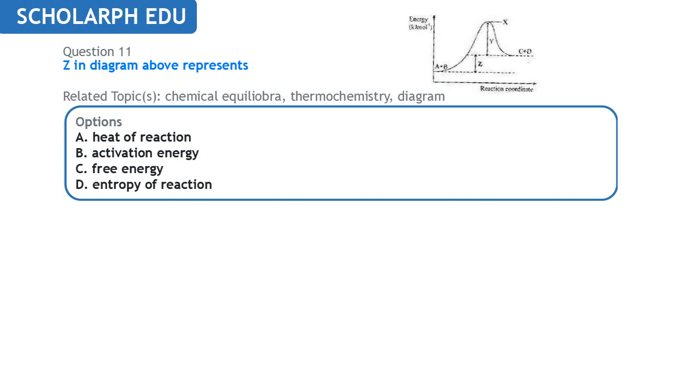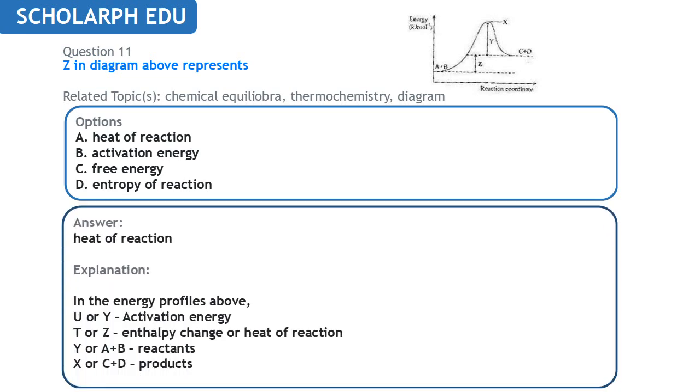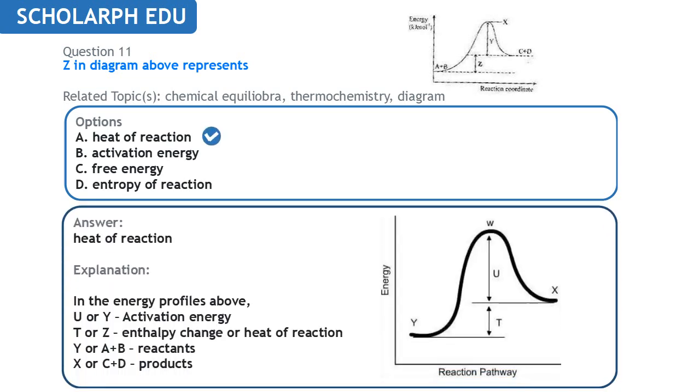Z in this diagram here represents the heat of reaction, or what we call the enthalpy change. That's the heat of the product minus the heat of the reactant. You can relate this diagram with the diagram that I have here. The X and W here we call the activation complex.